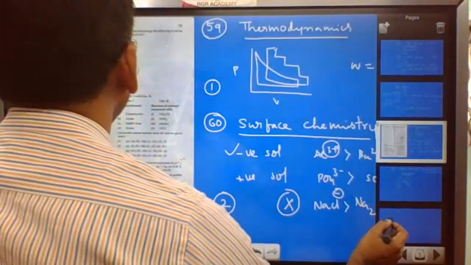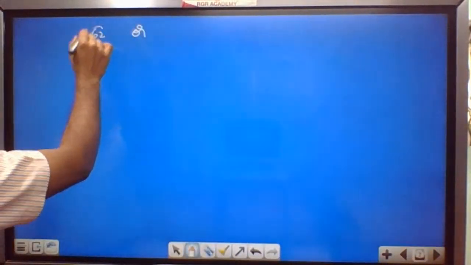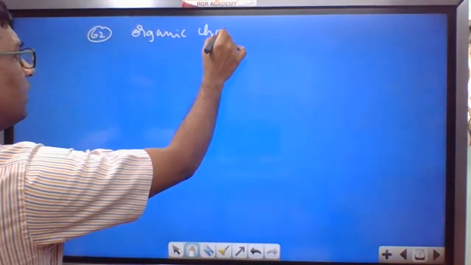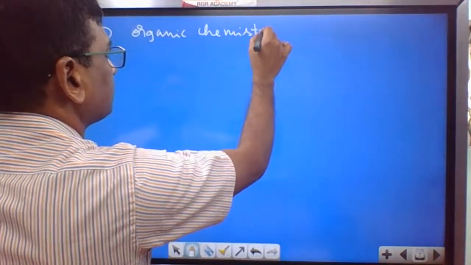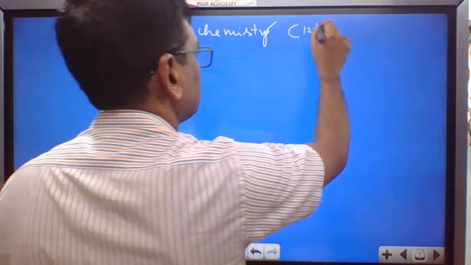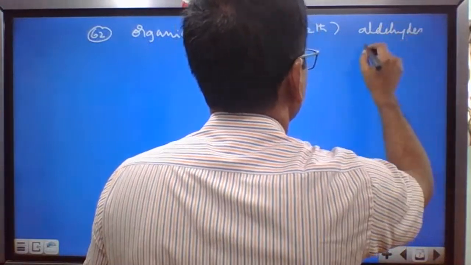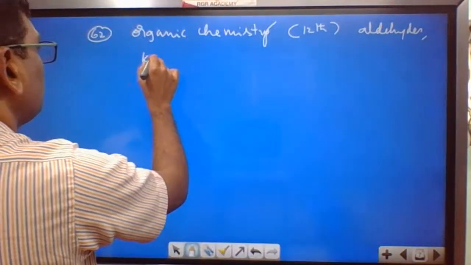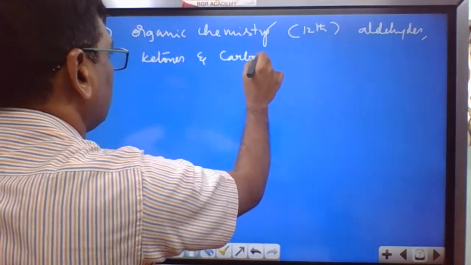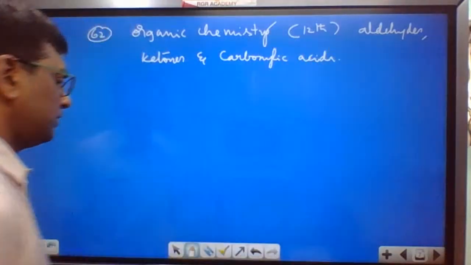Question number 62 is given from organic chemistry, from 12th, that is aldehydes, ketones and carboxylic acids. From this they gave this question.